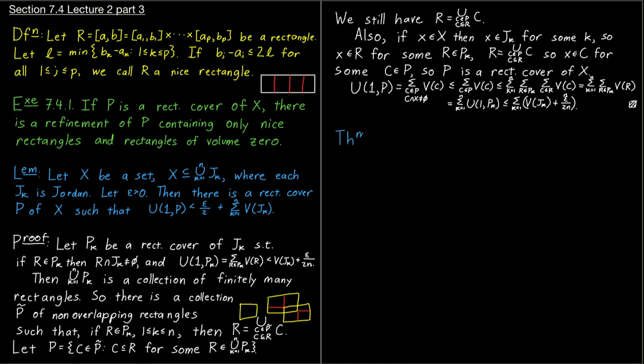So here is the change of variables theorem. This is really the point of section 7.4. We'll get to the proof of it in the next video, I hope. So let's let X be a Jordan set, a compact Jordan set.